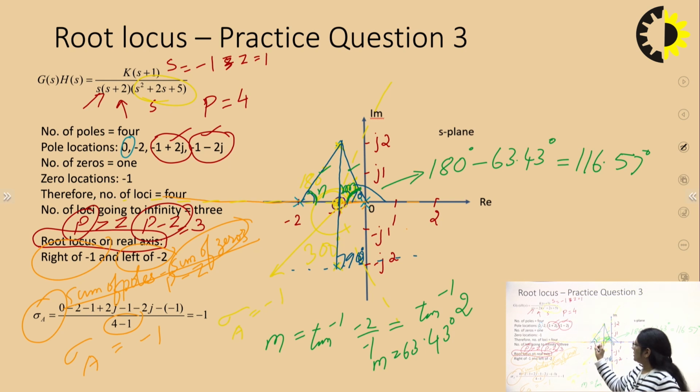Now, the loci will start at -2 and tend towards infinity with the angle of asymptote as 180 degrees. So there is no breakaway point.